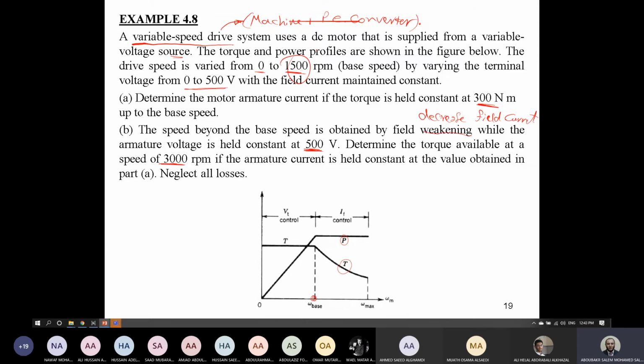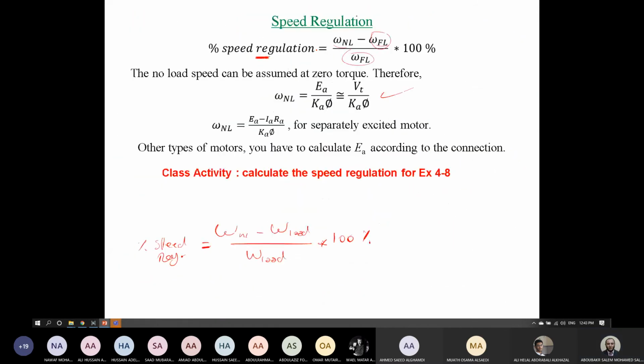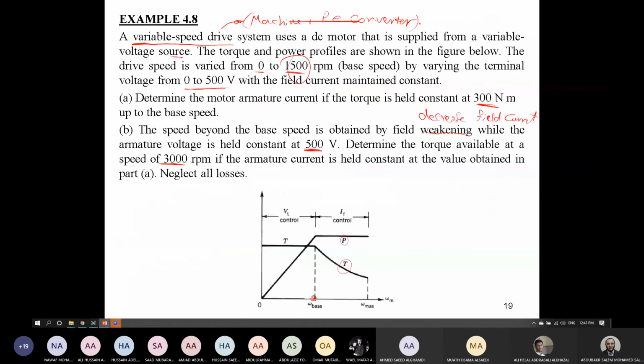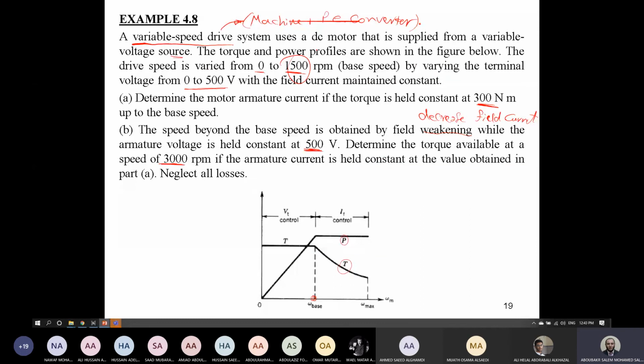How can we get it? It's speed regulation at 1500 RPM. And 1500, this one was the speed of full load.